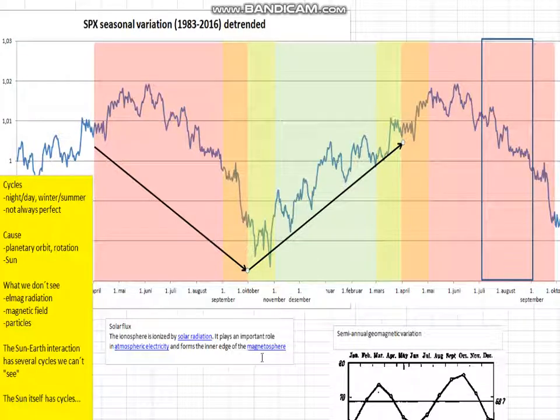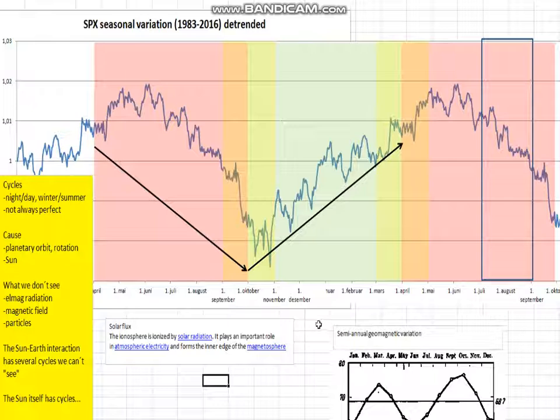The reason behind this, well, I can't really say, but the solar radiation interacts with the ionosphere, and it interacts with our magnetosphere, and who knows what this can induce on the ground. So that's the one factor.